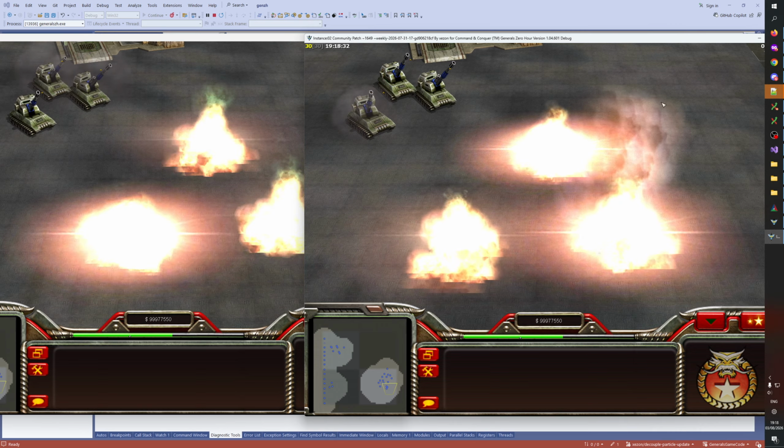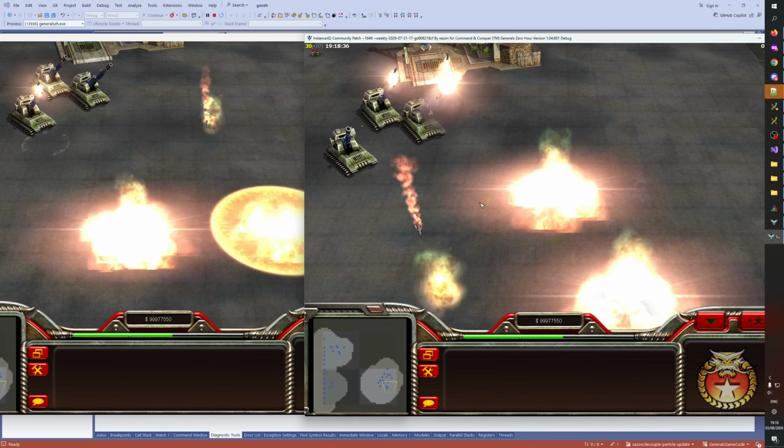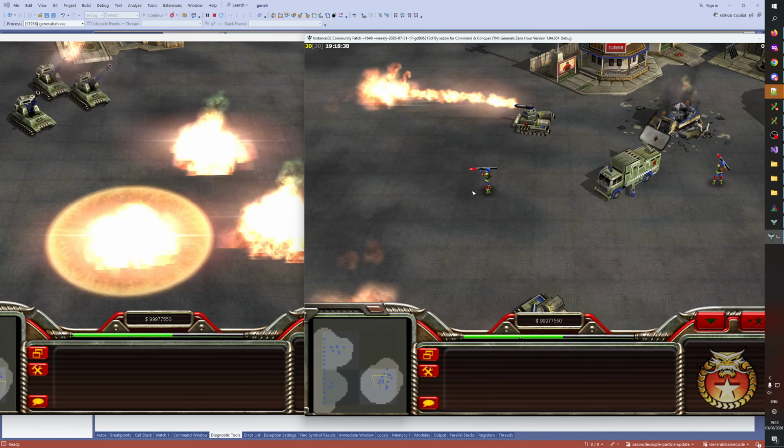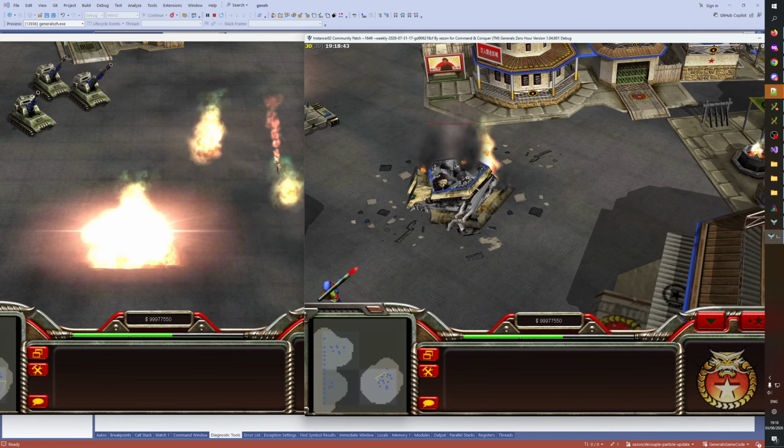Sometimes this explosion effect comes up here and sometimes not. It's interesting. Yeah, so I don't see any visual discrepancy.